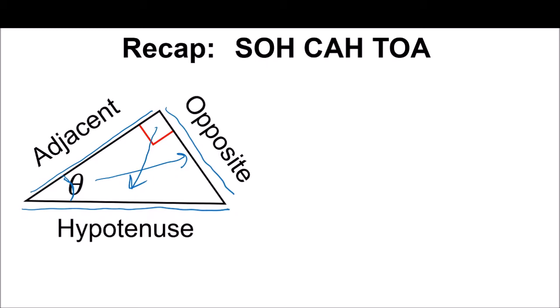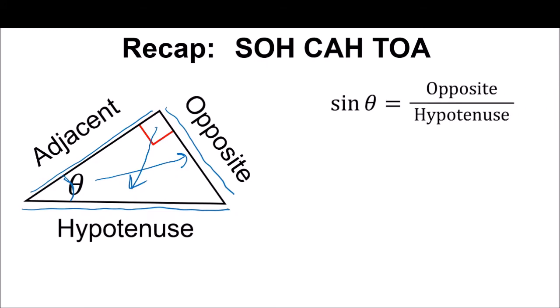And remember, people figured out that for a given angle, different ratios between these three sides are always the same. And we can use those ratios to calculate things, right? And so we learned three basic ones. We got sine of theta, which is opposite over hypotenuse. And remember, the word SOHCAHTOA tells us these ratios, right?